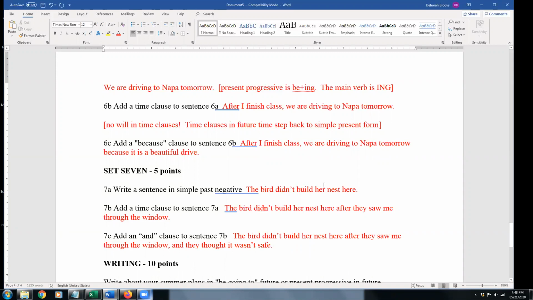So the bird didn't build her nest here. Now this is all in past. You're starting in past, so that time clause needs to be past time. The and needs to be past time, unless it makes sense.